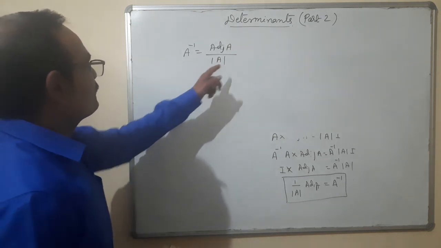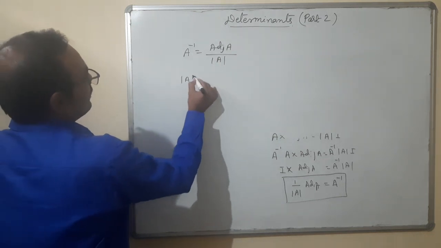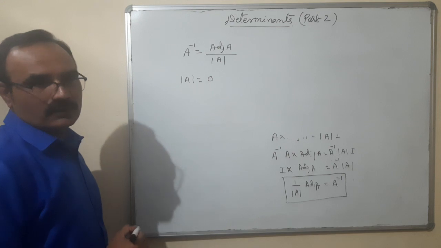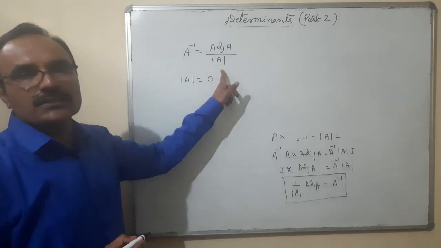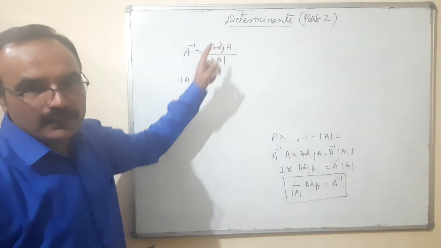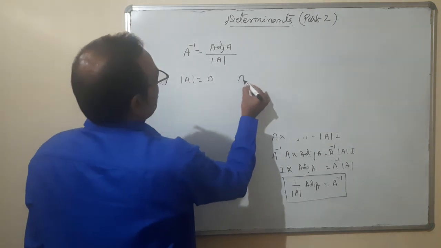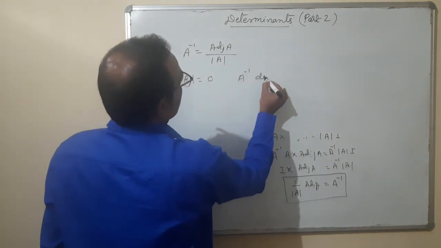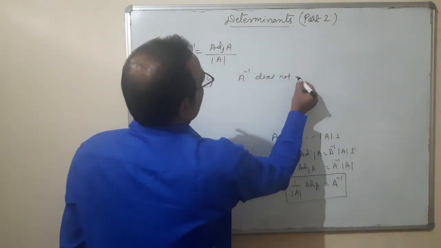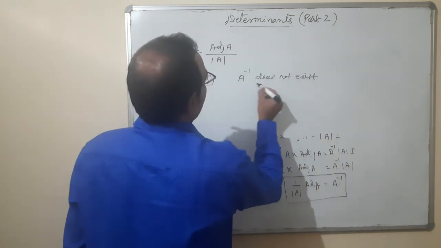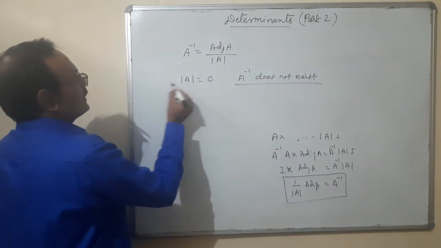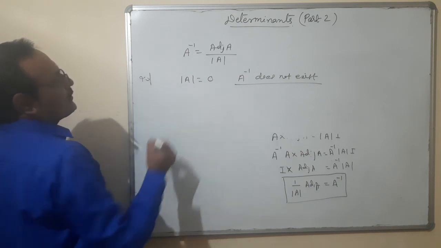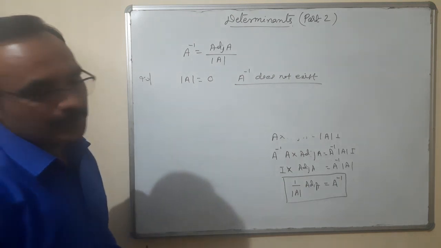If determinant value of A is equal to 0, if the denominator comes 0, what does it mean? It is not defined. So that means A inverse does not exist if determinant value of A is equal to 0.